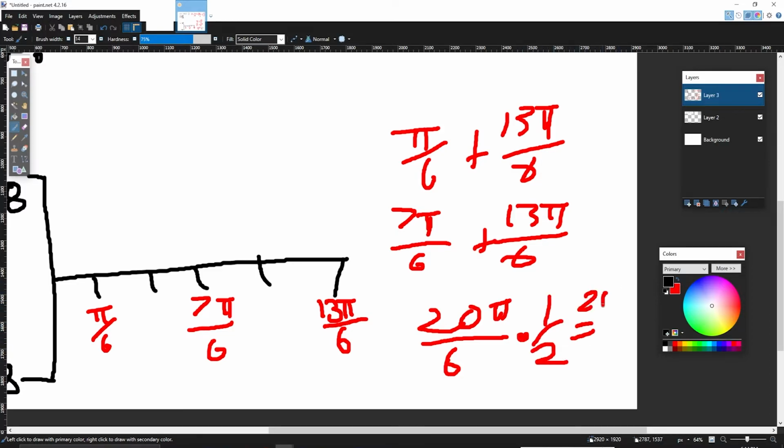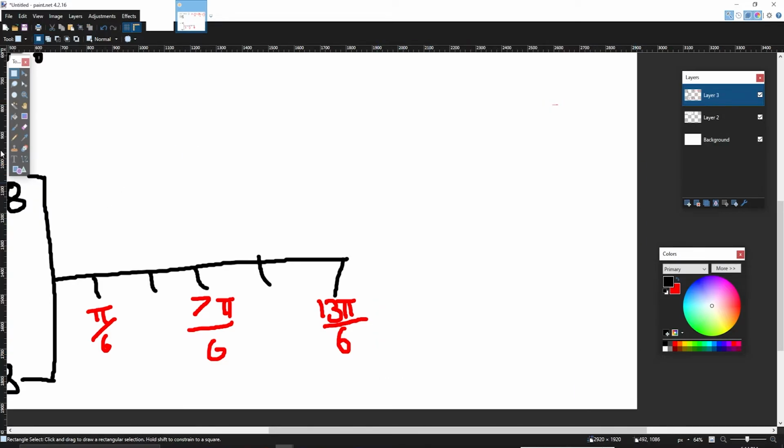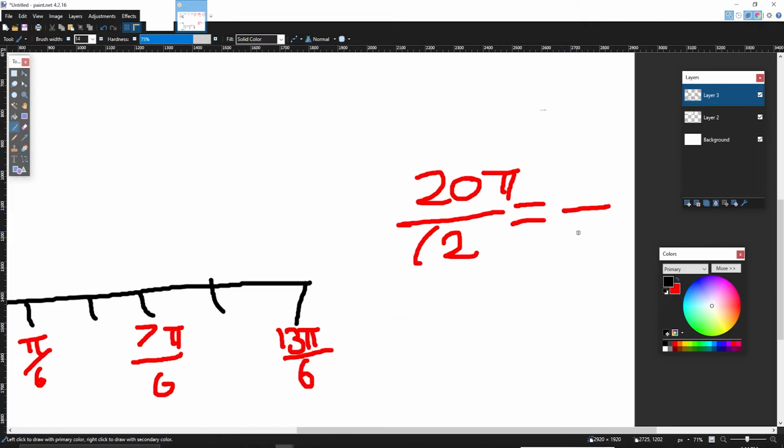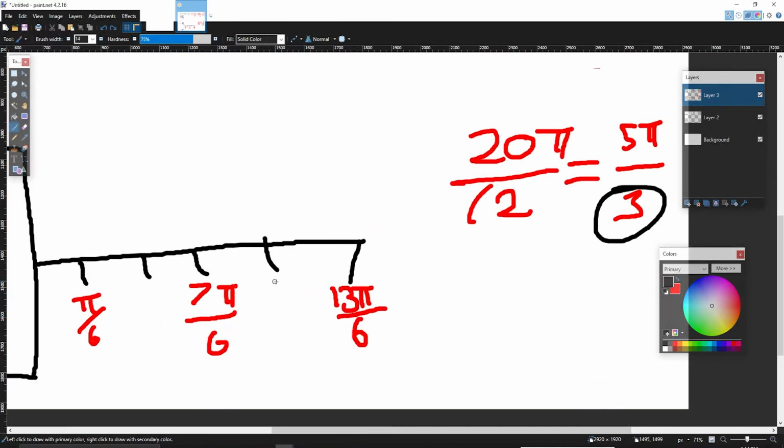Giving us 20 pi by 12. Simplify 20 pi by 12, and you're just going to get 5 pi by 3, okay? Because 4 goes into 12 3 times, and 4 goes into 20 5 times, okay? So that was this one. So yeah, 5 pi by 3.